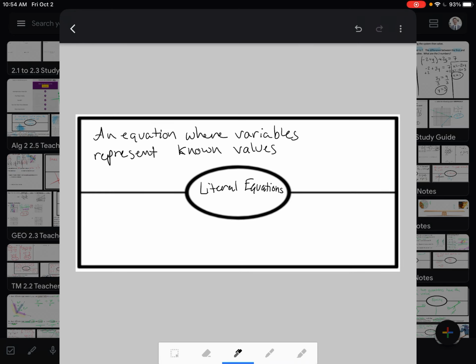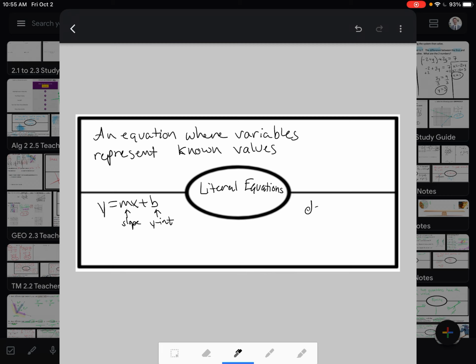And known values are just things that we know. So for example, in like y equals mx plus b, we know slope, and we know that b represents our y-intercept. So that is a literal equation. If we plug in numbers for it, it's going to change it. But if it's just variables there, we're seeing an example of a literal equation.